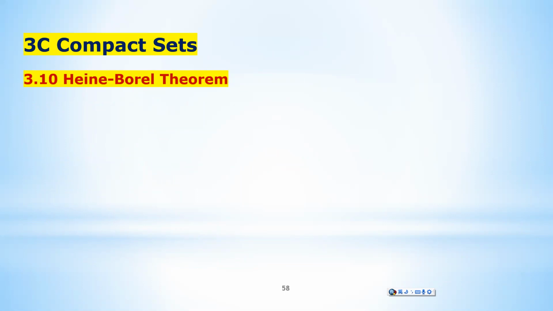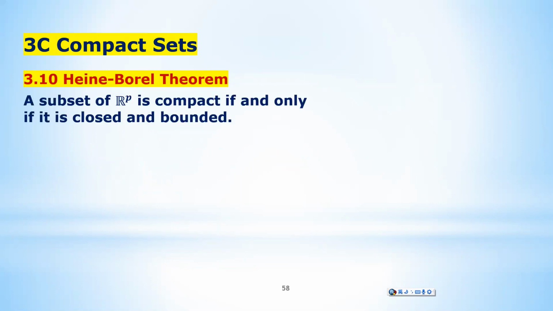This theorem tells you that even though compact sets are so complicated in definition, they are actually really simple sets. The theorem says that a subset of R^p is compact if and only if it is closed and bounded. That's it. So for a set to be compact, the condition is that the set has to be both a closed set and a bounded set.